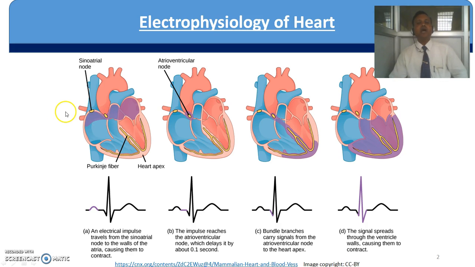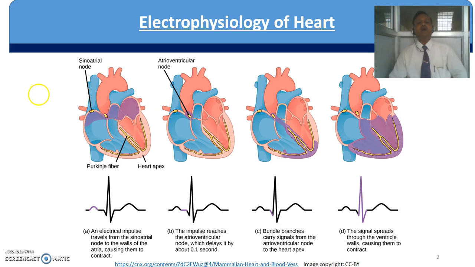First term is hyperpolarization. Hyperpolarization means there is decrease in electrical potential across the cell membrane of cardiac cells. Generally, for normal cardiac cells, the resting potential is minus 90 millivolts, which means it is towards the negative side.